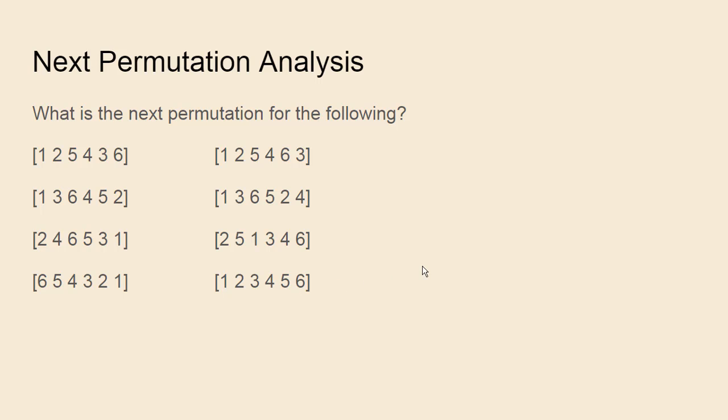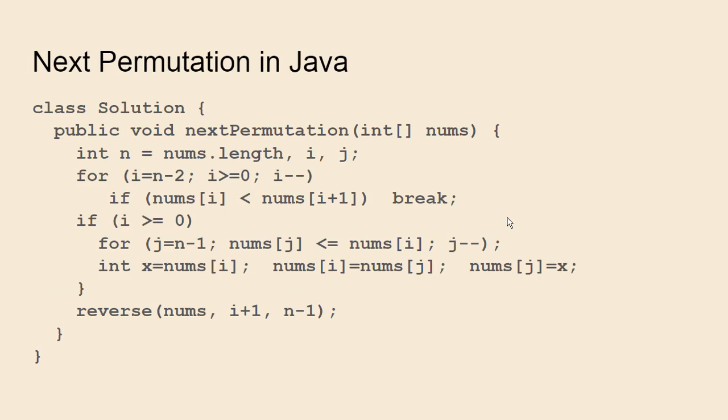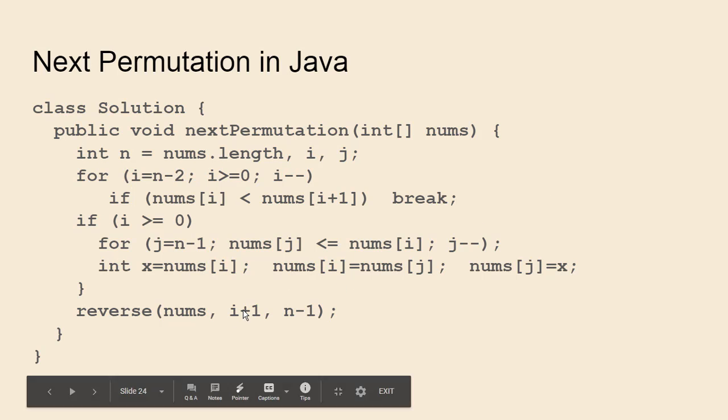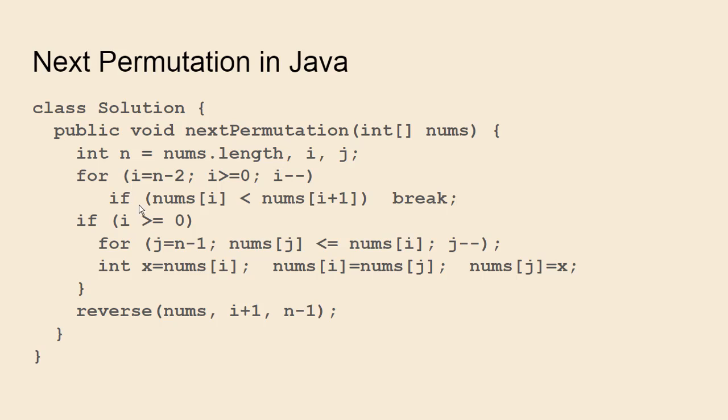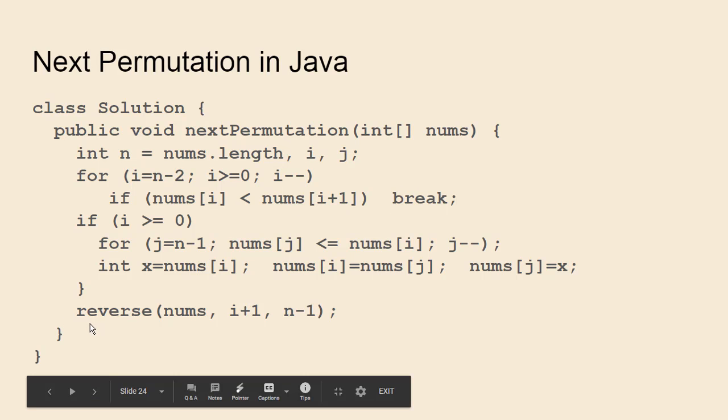And that's essentially what this code does. I won't spend time actually going into it. It's following that logic, you can understand it yourself. The only thing is I wrote a helper function to reverse part of an array.